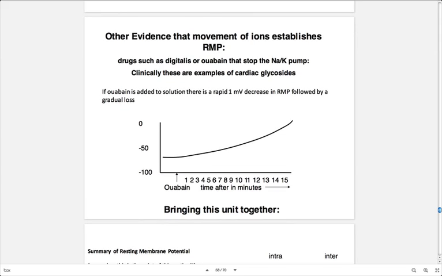So drugs like digitalis or its synthetic analog wobble are used as cardiac glycoside. And the way they work is that if wobble or digitalis are added, there's a small little blip, like 1 millivolt depolarization, and then over time, you lose resting membrane potential.